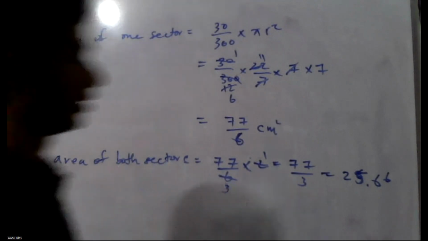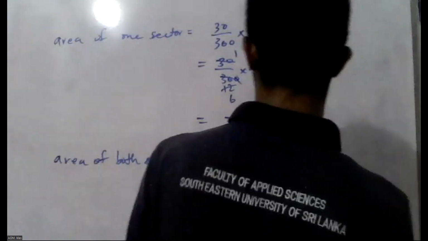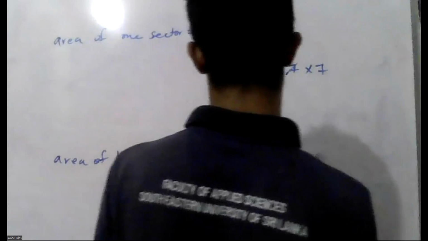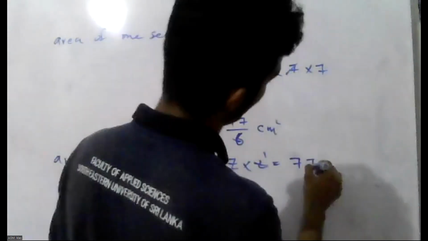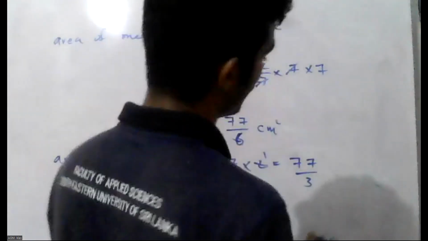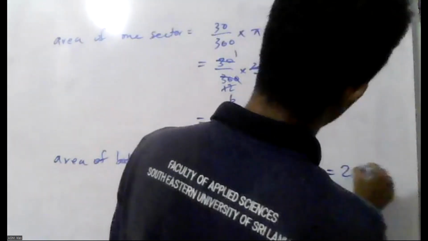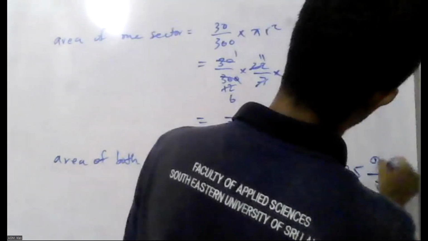Otherwise we can give it in mixed form. So that is 77 by 3, which is 25 and the remainder is 2, so 25 and 2 by 3 centimeters square.